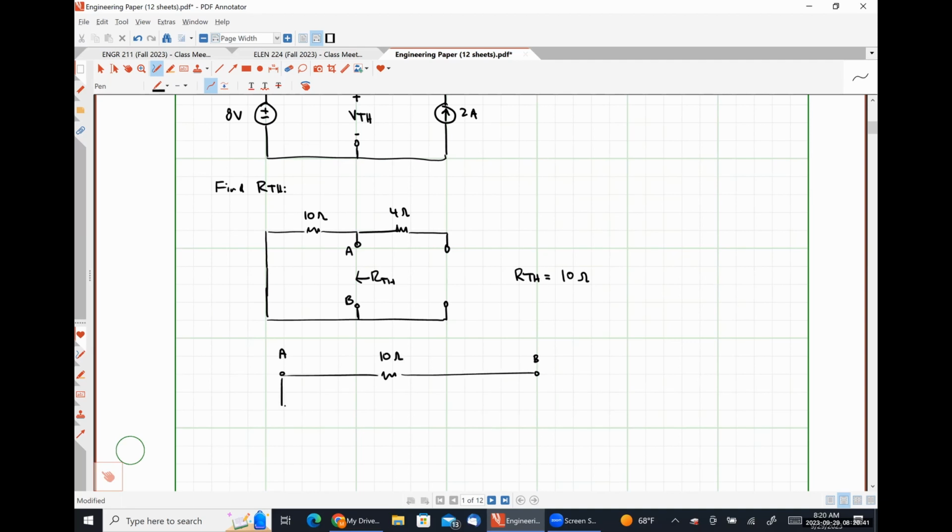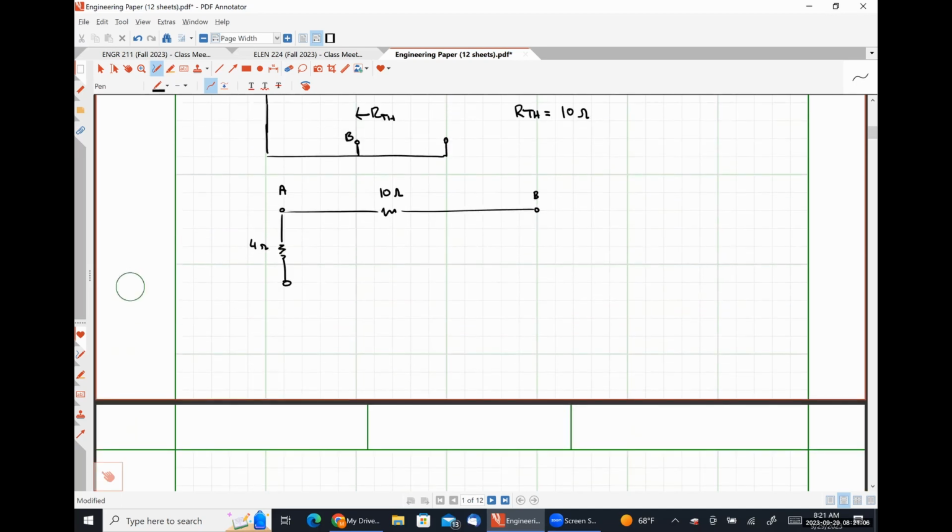And then between A and somewhere else that isn't connected to B, we will have a 4 ohm resistor. So our resistance between A and B is just 10 because the 4 from our perspective isn't part of a closed loop, right? So all we see is the 10 ohm resistor.